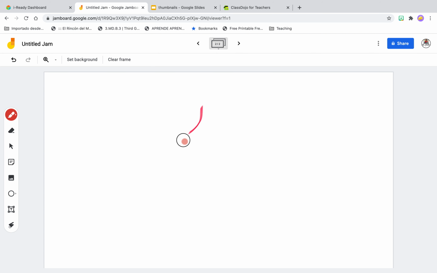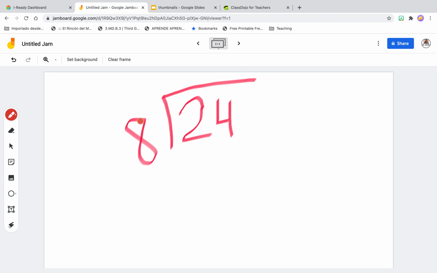Okay? We can do it with another exercise. Let's take 24. We're going to use that weird division symbol, or sign. We're going to divide that by 8. Again, we are going to skip count by 8 to get to 24. 8 plus 8 is 16. 16 plus 8 is what?